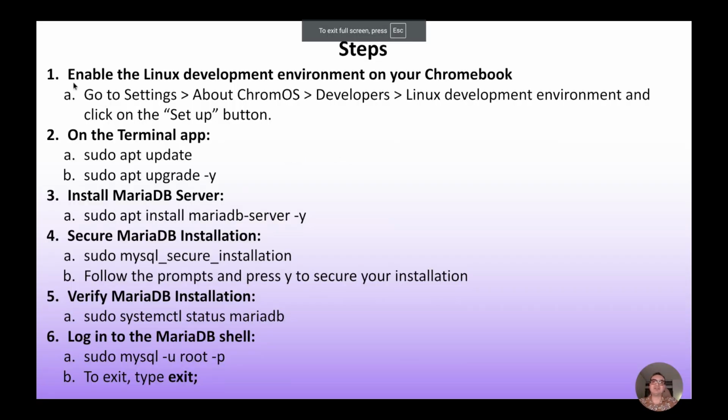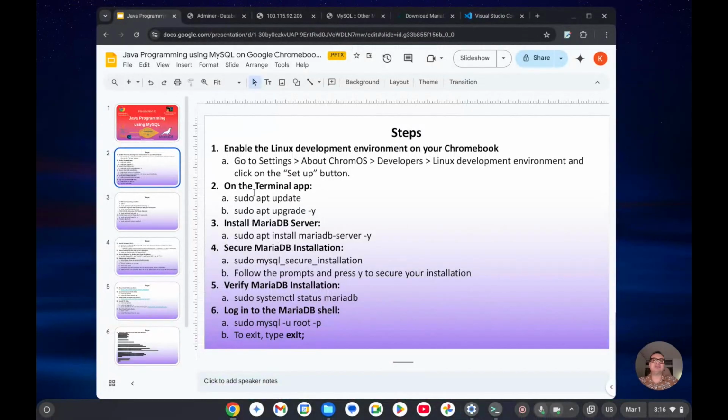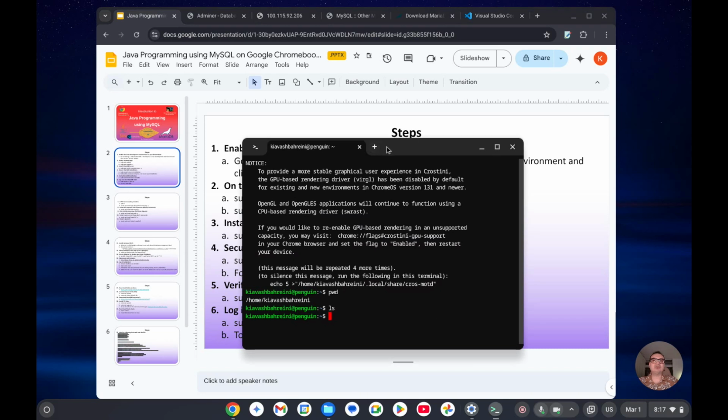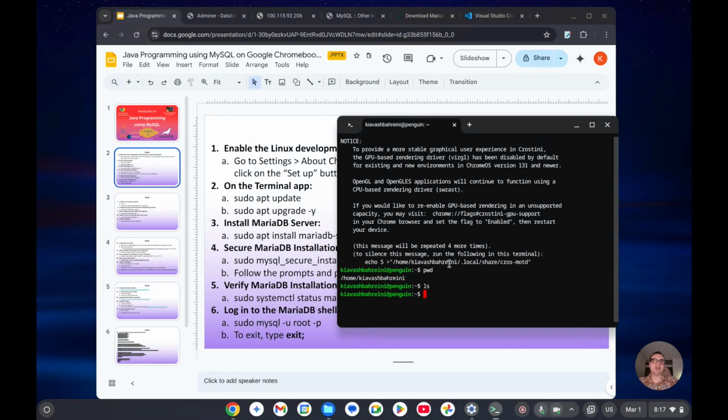That was the first step that we have created. In the second one, on the terminal app, which I have just shown you, we need to run sudo apt update. This is the first thing that we should do in our terminal. sudo is used to give administrative privilege to the commands that come after it.